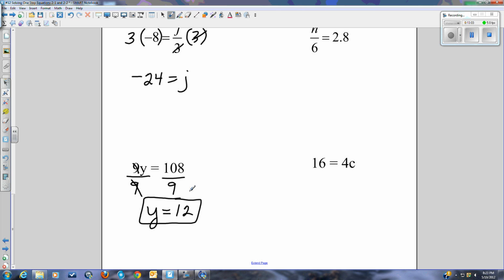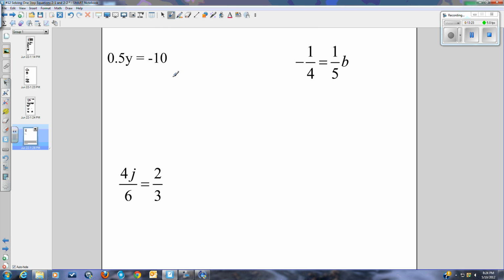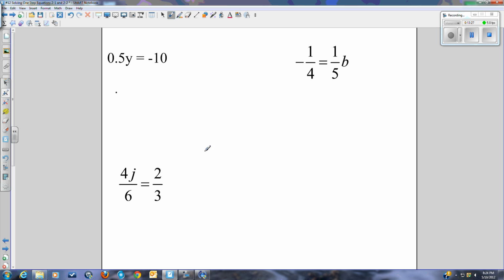So y equals 12. 16 equals 4c. We want to get c by itself. It's being multiplied by 4, so we're going to divide each side by 4. The 4's cancel, and c equals 4. I'd like you to try the next two problems on your own.